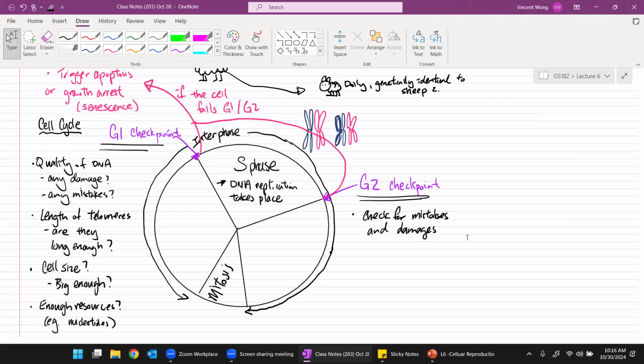But if the checkpoint fails and the cell is allowed to keep on dividing despite having mistakes, then we have a problem because those cells will now continue to grow and accumulate even more mistakes, and that eventually could lead to cancer.